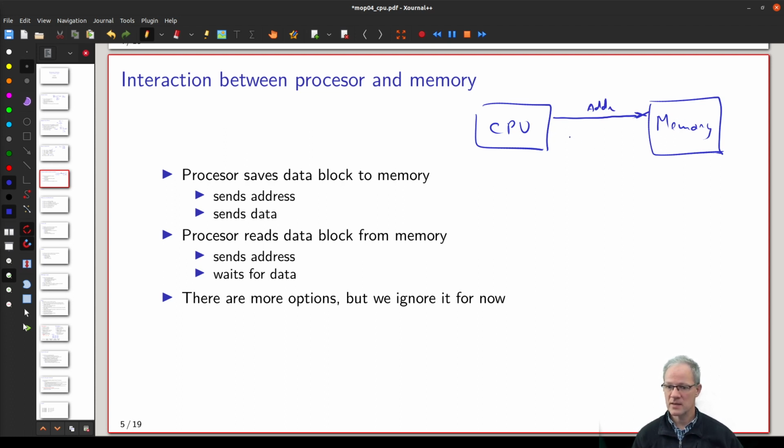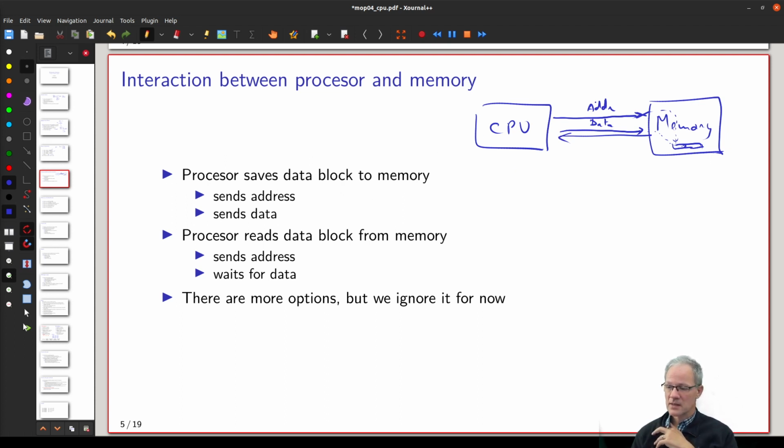Then, depending on whether it's going to write or read, it either sends the data, and the data will be written to this address, right? The address shows where to save it, and the data shows what to save at that location. If we want to read, this data can also go in the opposite direction.